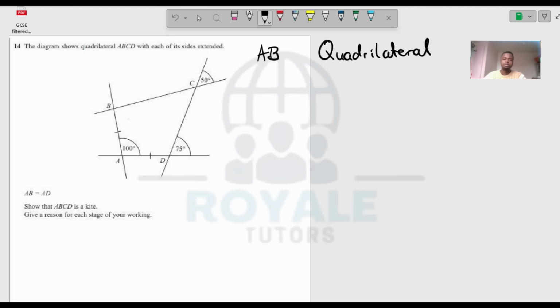Let me just put ABCD here. We have AB is equal to AD, right? What other thing do we have? We want to show that ABCD is a kite. Some of the properties of a kite: let me just draw a kite out.